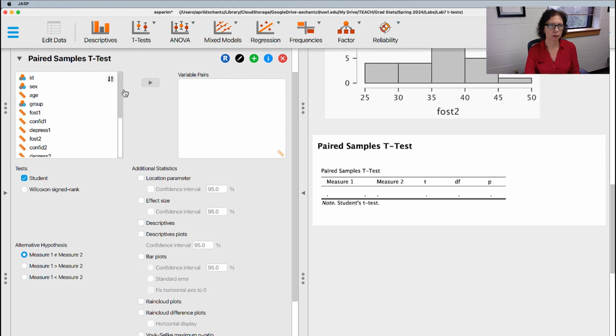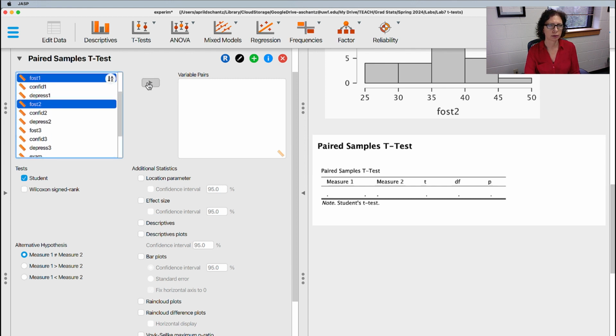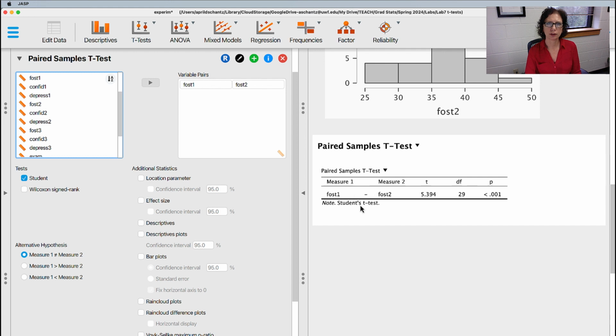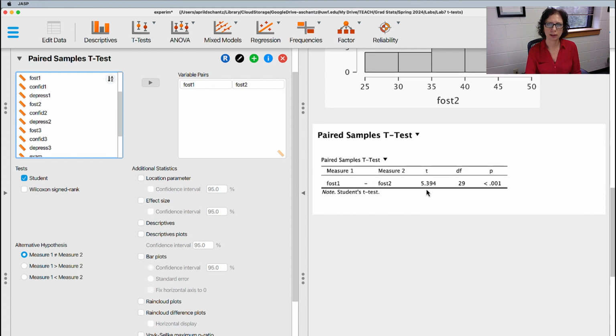And here we want to put our variable pair of FOST1 and FOST2 into our variable pairs area. It already starts filling in our information. We have the t-test is 5.39, degrees of freedom 29, and it says that it is a significant difference between time 1 and time 2.